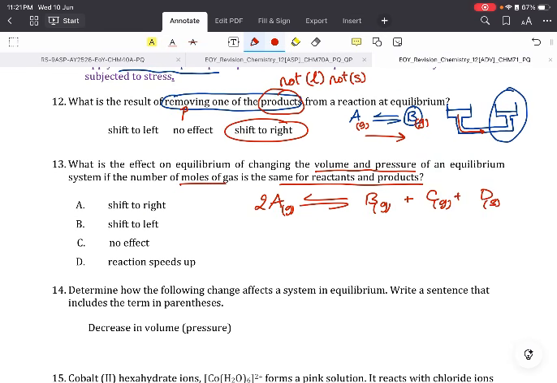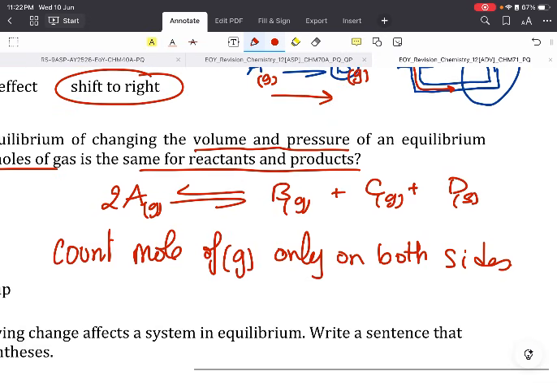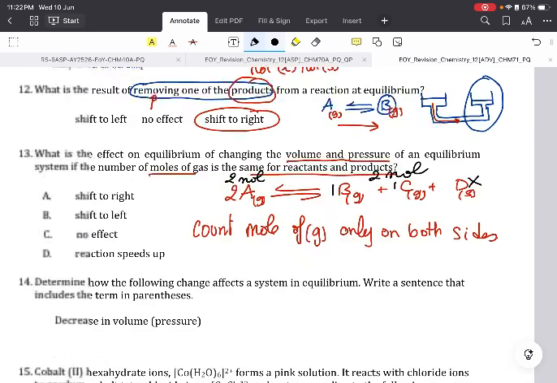When they ask you about volume and the pressure, you are going to think and count the moles of gas only on both sides. So here on this side, I have 2 moles. And here on this side, this one will not be counted. I have 1C and 1B, so I have 2 moles.